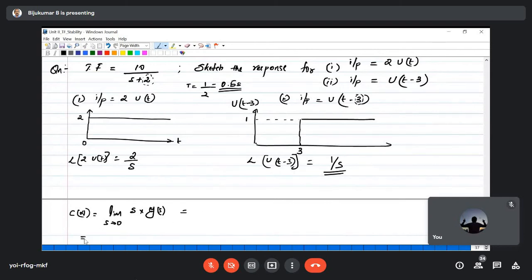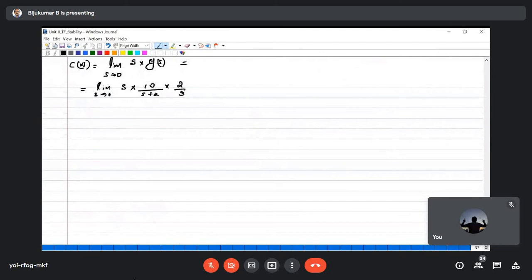Using that, limit s tends to 0, s multiplied by y of s is nothing but 10 divided by s plus 2 multiplied by the input. Input is 2 by s. So this s and s can be cancelled. So we get 10 divided by 2 multiplied by 2. So 2 got cancelled.